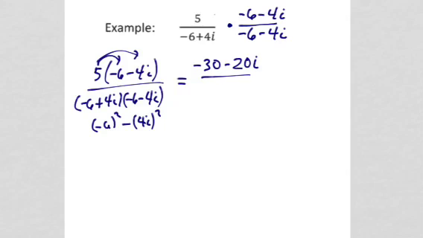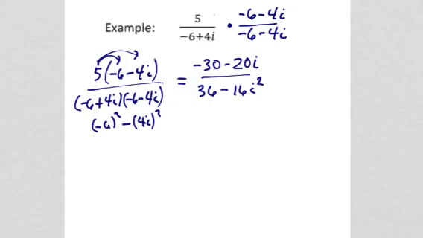So my a squared, negative 6 squared, makes 36. And then when I square that 4i, I'm going to get minus 16i squared. 4 squared is 16, and i squared is i squared.